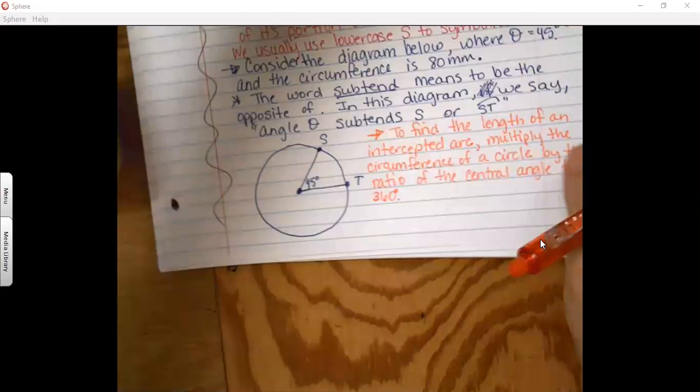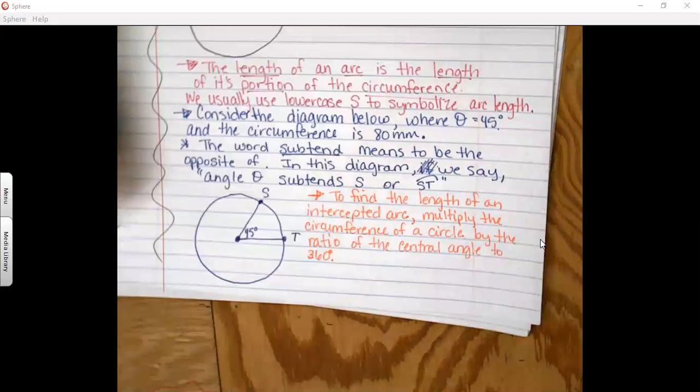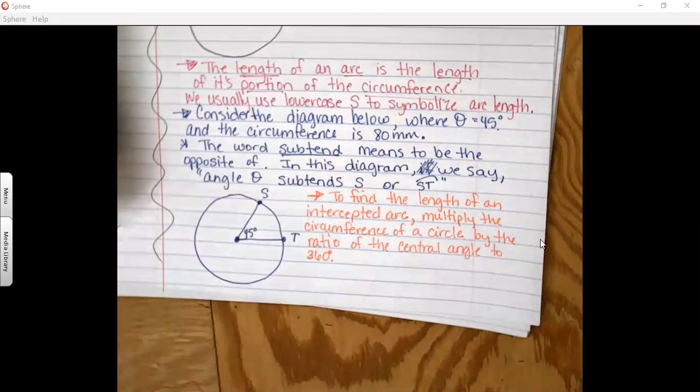Okay, so let's figure out what the ratio is. Our angle is 45 degrees out of how many total degrees in a circle? 360 degrees. So that ratio looks like a fraction, 45 out of 360.